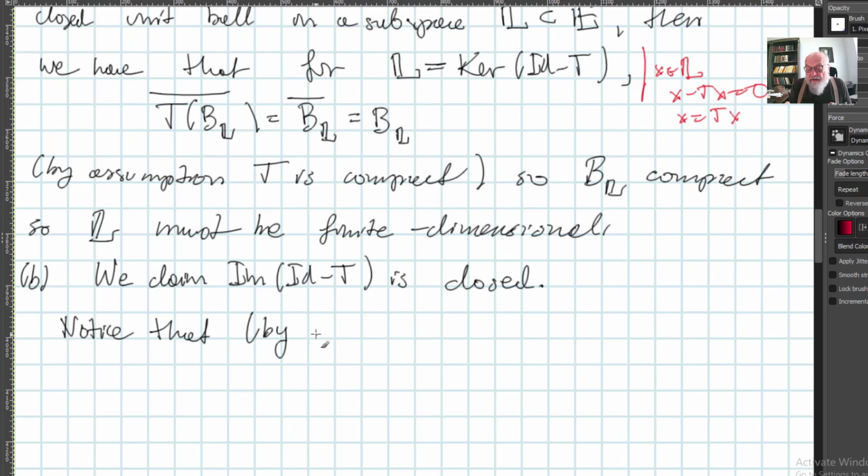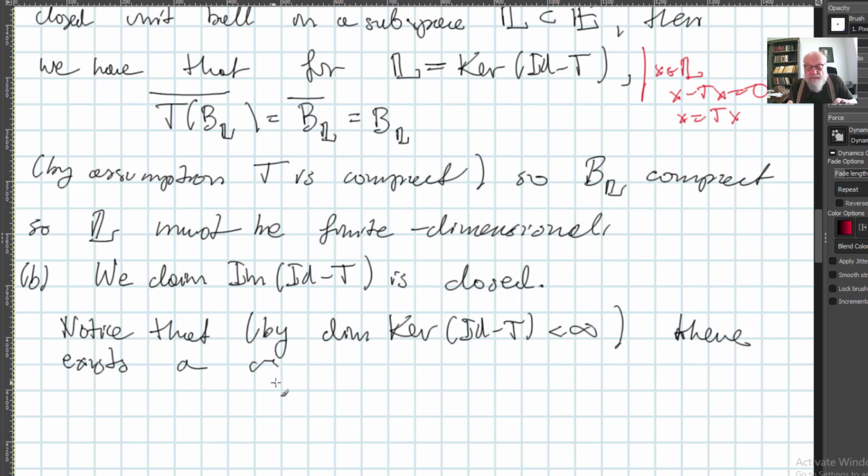by the fact that the dimension of the kernel of identity minus T is smaller than infinity, there exists a closed subspace, and call it L, such that it is a topological complement to the finite dimensional subspace.